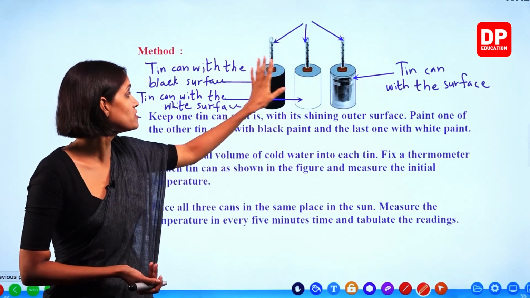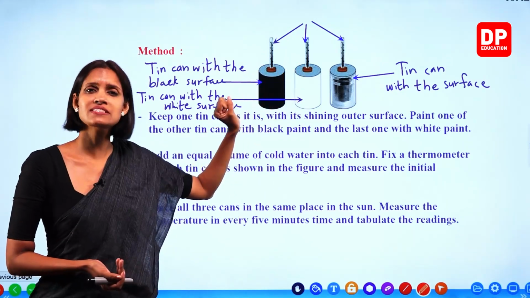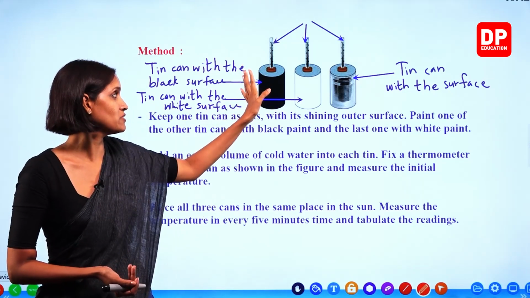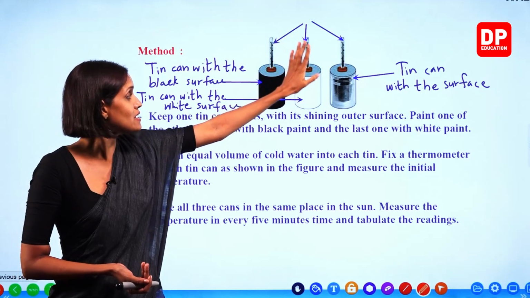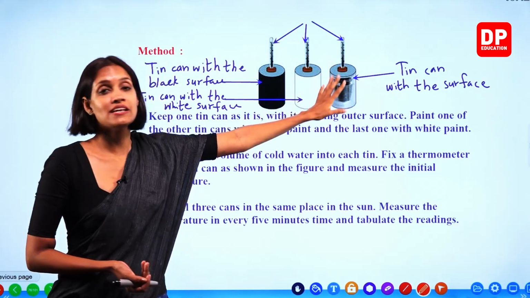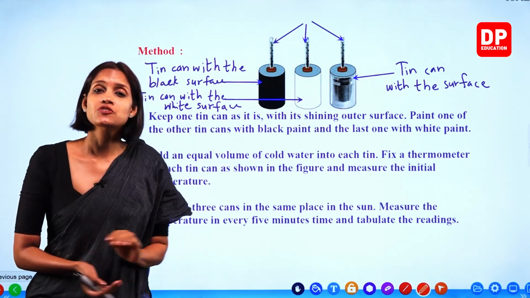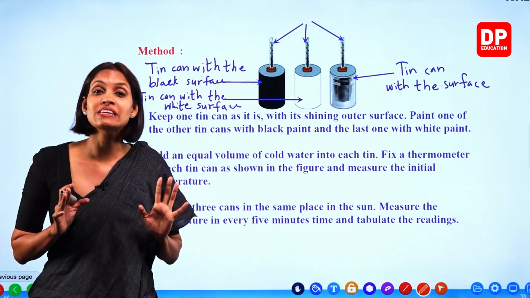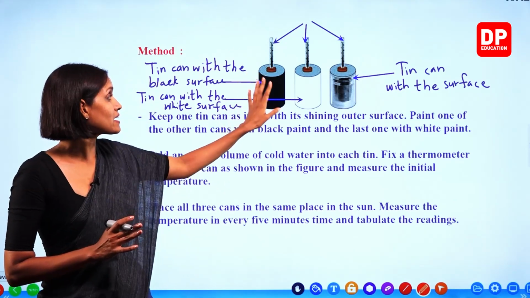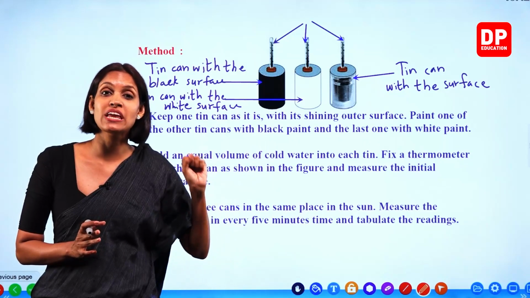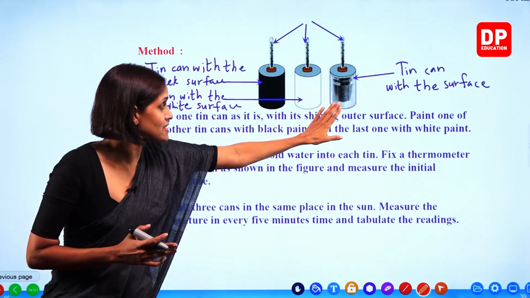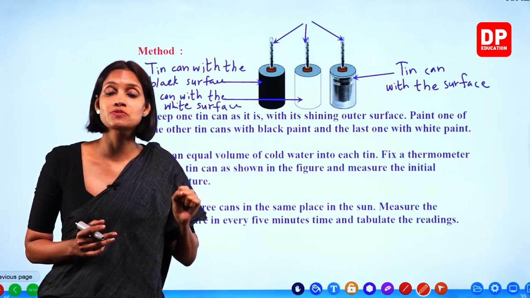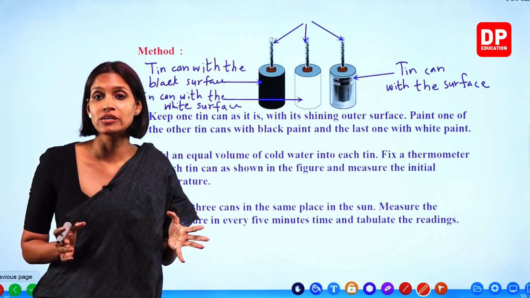The tin with the white surface was in between: lower than that of the tin with the black surface, but higher than the last one. So after doing this activity, it was very clear that black color surfaces absorb radiated heat really fast, and polished shiny surfaces absorb radiated heat slowly.